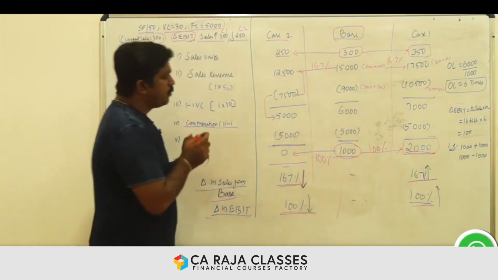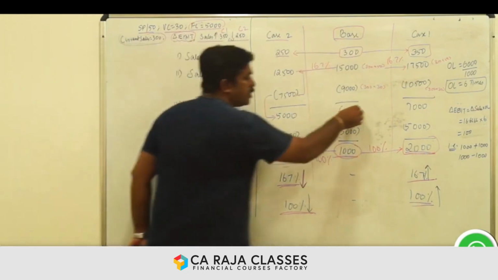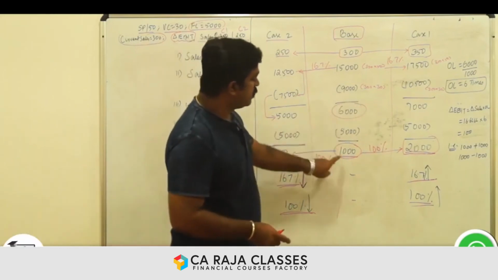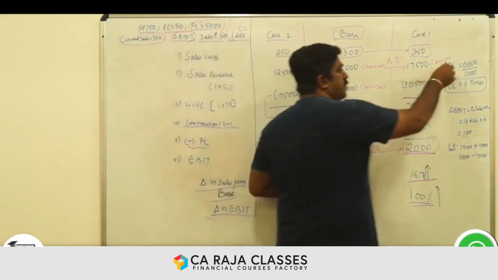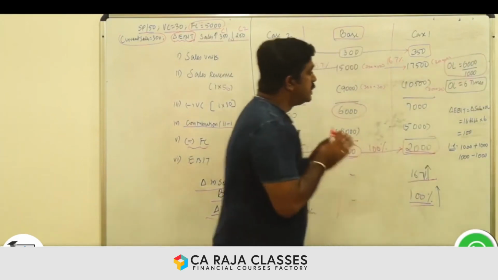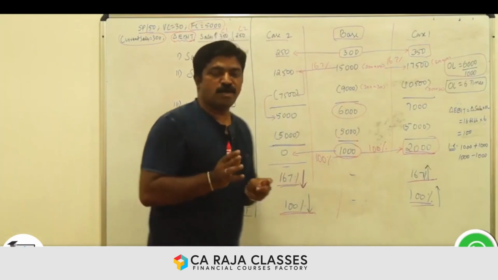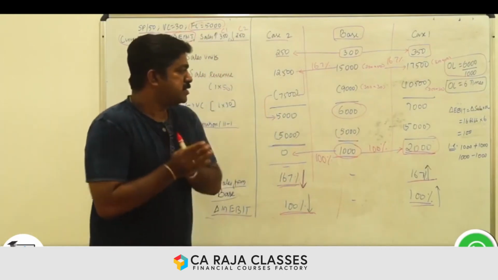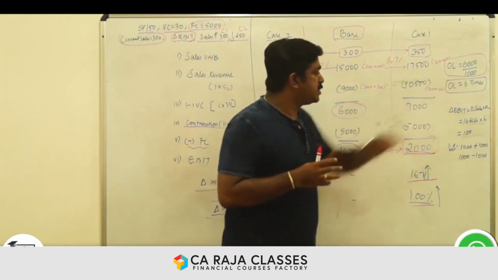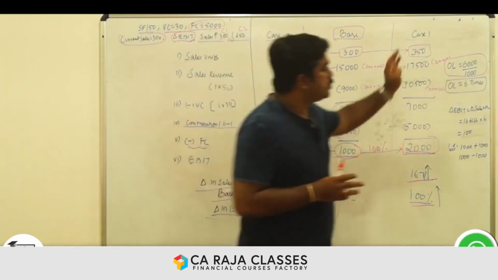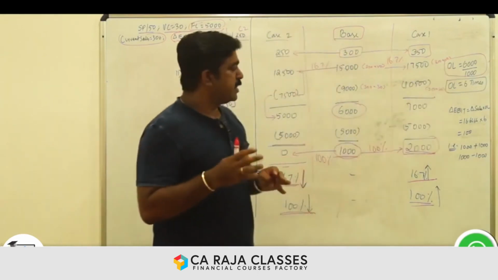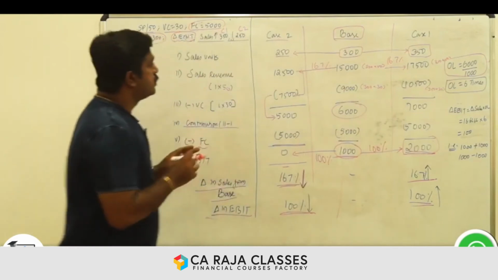If you look at the base case, the contribution is 6,000 and your EBIT is 1,000. Contribution divided by EBIT will give you operating leverage. 6,000 divided by 1,000, you get operating leverage equal to 6 times. And what does this operating leverage communicate? Understand, this operating leverage says that your EBIT will undergo a change of 6 times when there is a one-time change in sales. How? Have a look at this.